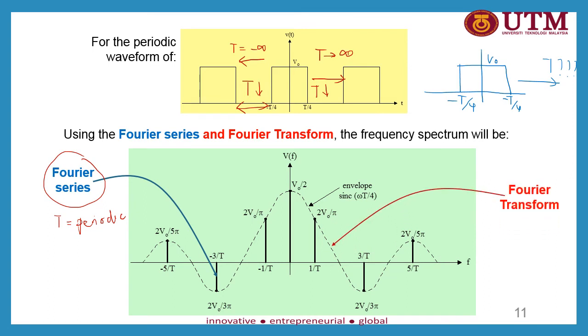Okay, so the dashed line represents the Fourier transform of the rectangular signal when the T is approaching infinity.